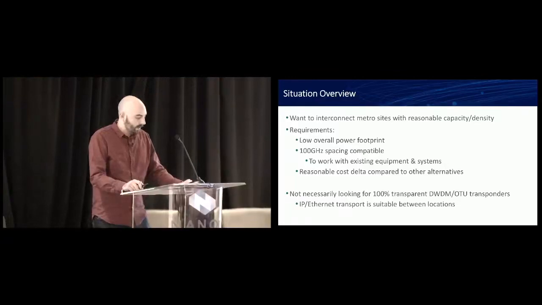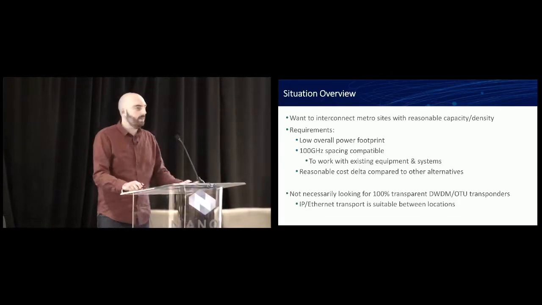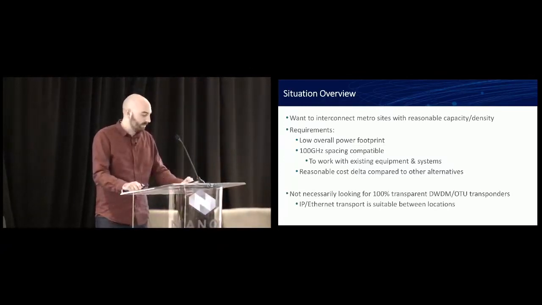And like with most deployments, we had a few requirements that would shape what we were able to deploy. We wanted to deploy something that had a low overall power footprint. We could deploy big power guzzling behemoth gear to suit our needs, but power efficiency per circuit was something we were really focusing on to get through this backhaul.